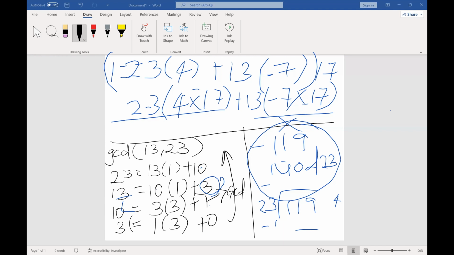What do you get? 23 minus 17. Get -6. So negative 6 times negative 7, positive 42, mod 23. So we ask ourselves, if 23 were to go into 42, what will be the remainder? We'll get 19. Is that okay?